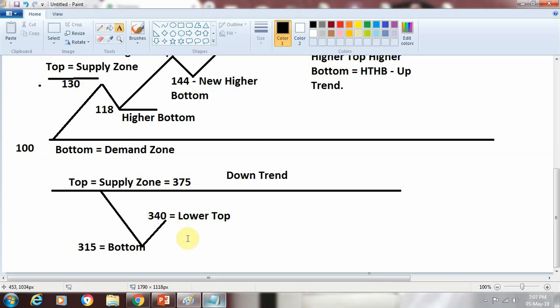Now over here again people will find that this is at a higher price and they should start booking some profits, and the price starts falling beyond this.